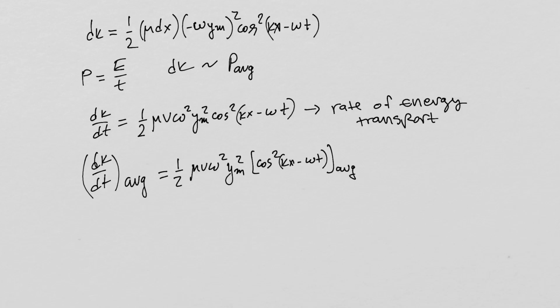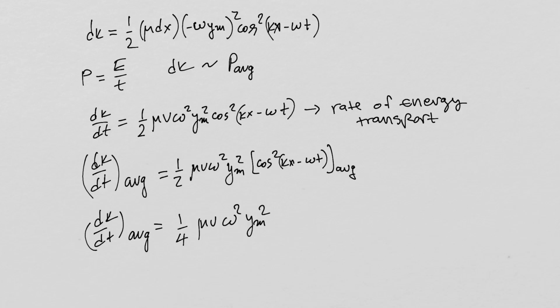I'm sorry, I'm going to get 1/2. So one more time, the average value of the cosine square is calculated over an integer number of wavelengths, and this average value is equal to 1/2. And so when I combine that with the rest of the expression, I get that the dK dt average is equal to 1/4 mu v omega squared ym squared.